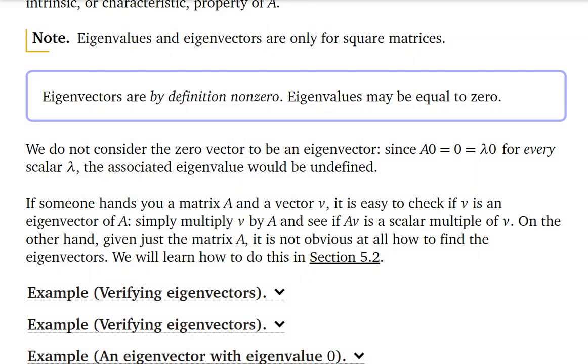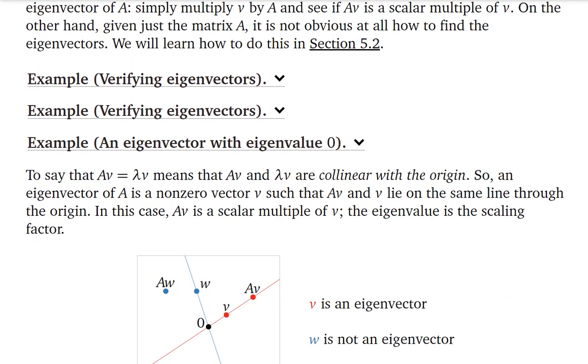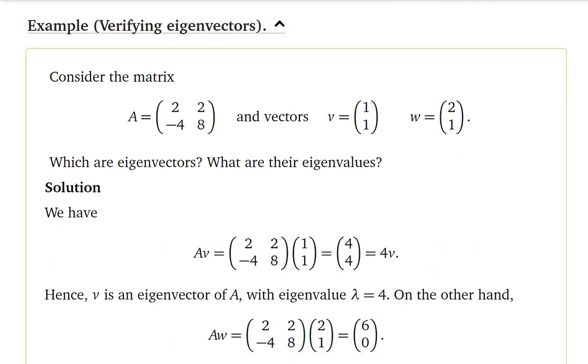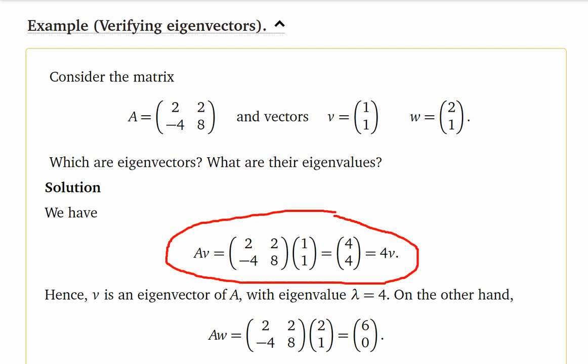Now, this section of the book is extremely good at giving examples geometrically of what's going on. And here they just ask, if you have these two vectors v and w, how can I tell whether or not they're eigenvectors? Well, I just multiply. I took the vector v, which is 1, 1, and multiplied it by A, the associated matrix for the transformation, and it turns out to be a scalar multiple of itself.